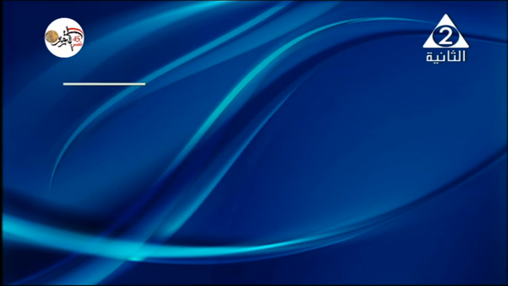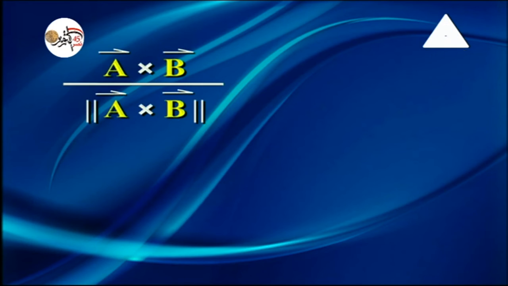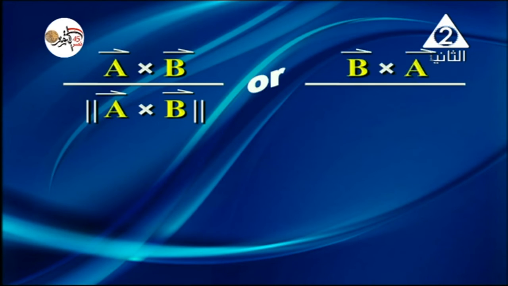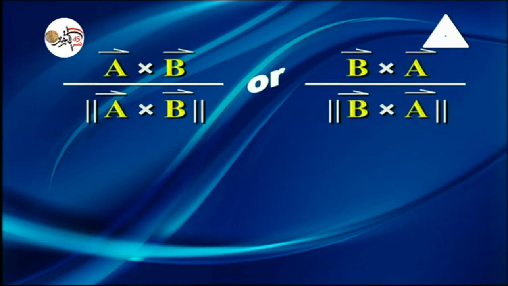The unit vector is A vector cross B vector over the norm of A vector cross B vector, or B vector cross A vector over the norm of B vector cross A vector. What is required? The perpendicular vector of A and B.